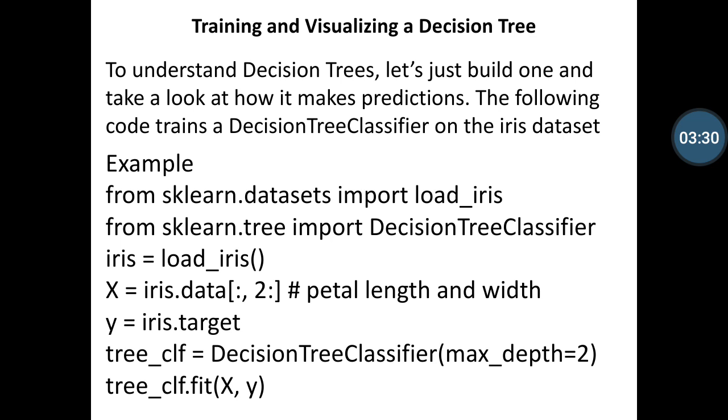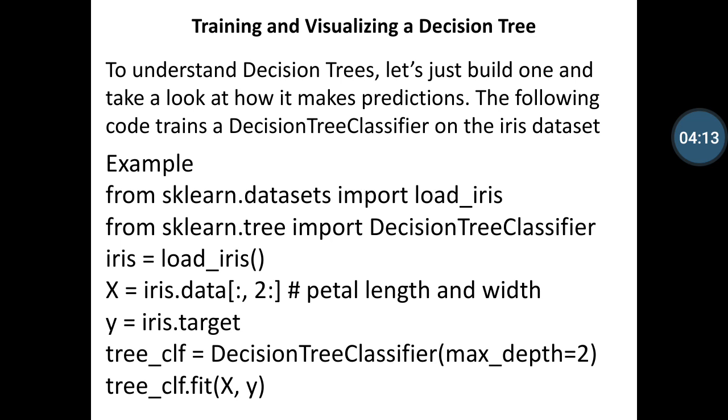It means the iris dataset is imported in our program. From sklearn.tree import DecisionTreeClassifier. In this line, you can understand that sklearn is a library and tree is its module. Through it, we can import the decision tree classifier that is used in our coding for decision tree concepts.